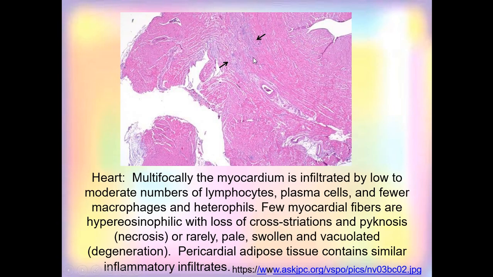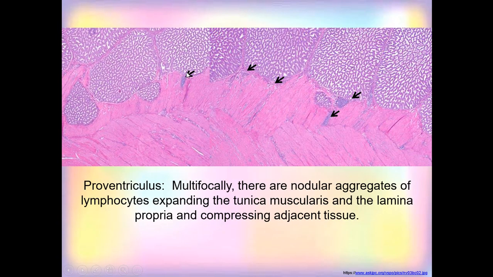Here, lymphocyte infiltrations in the heart muscle and also in the ventriculus. Sorry, in the muscle of the proventriculus. This is not specific.